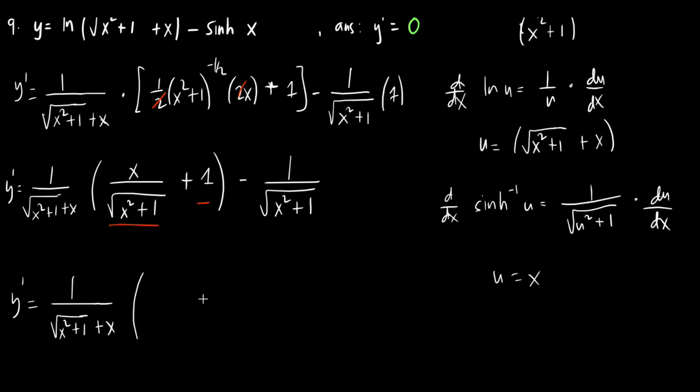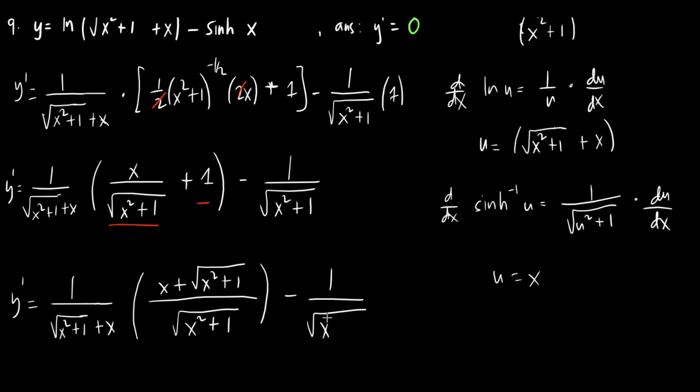Just copy, so we have the square root of x squared plus 1, so x plus the square root of x squared plus 1, right? So minus 1 all over the square root of x squared plus 1.